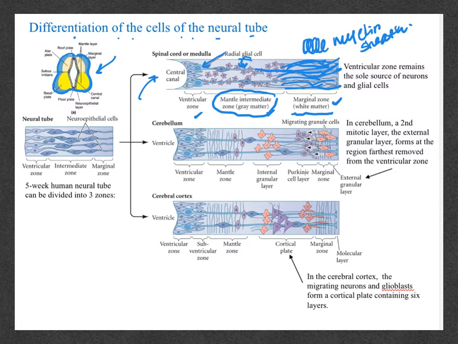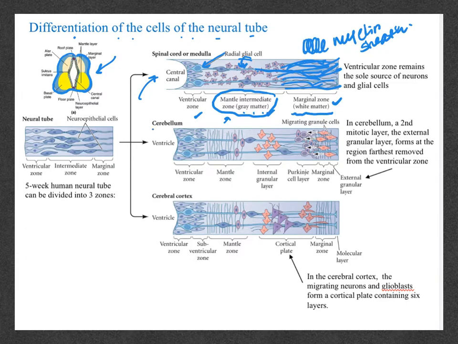The mantle zone, however, is mostly made up of neuronal cell bodies, and it lacks the myelin sheath, so therefore this is why it is known as the gray matter region.